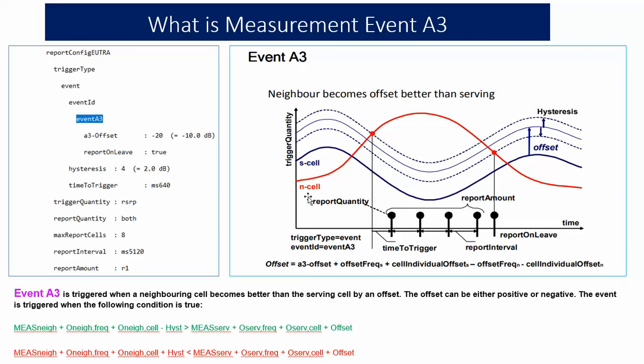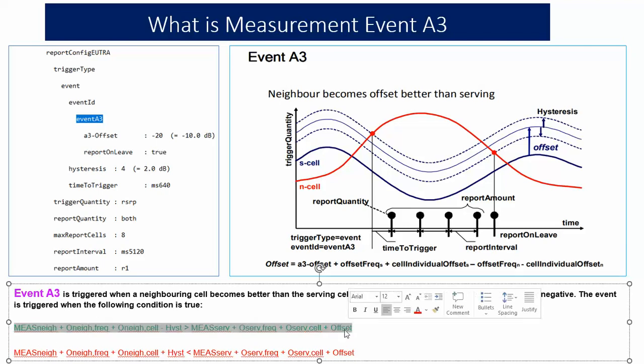That means how can we calculate, suppose here the criteria. Suppose the serving cell is minus 115, and here minus 10 dB offset, and 2 dB hysteresis is equal to minus 12 dB.